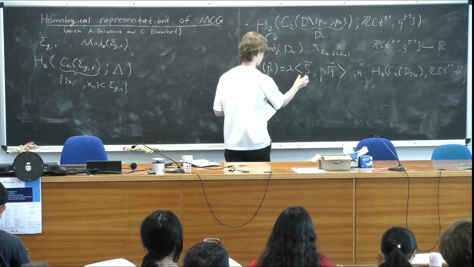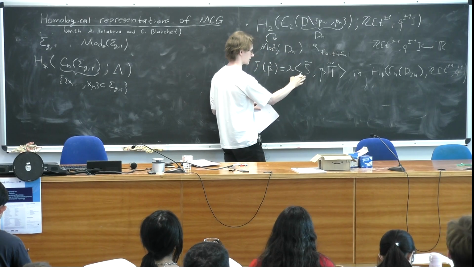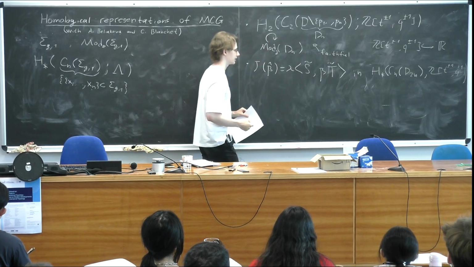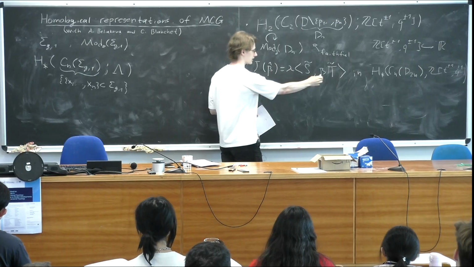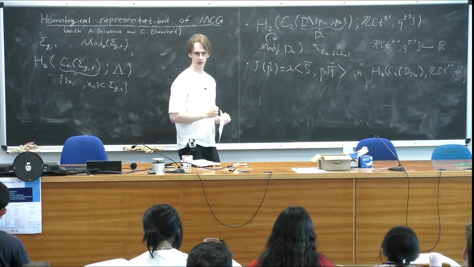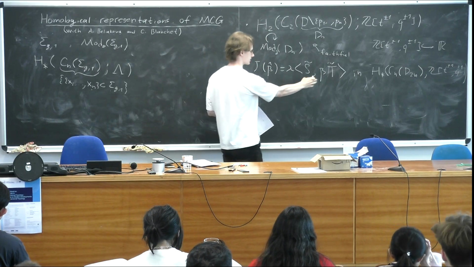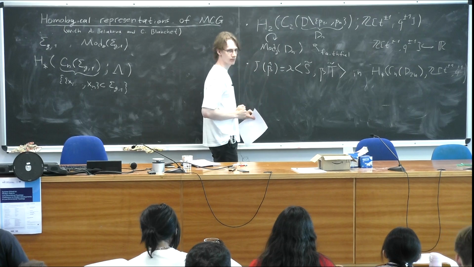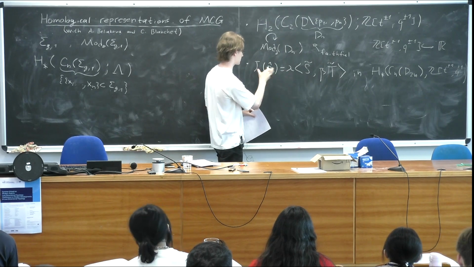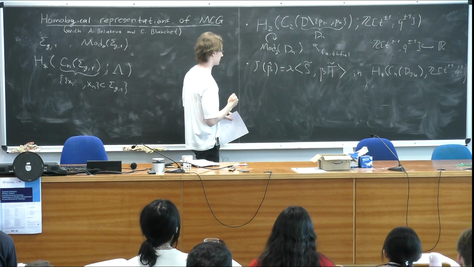So there is some way to embed a sphere and a torus into the configuration space. Then you act on the torus by this braid element or mapping class group element, and the intersection is the Jones polynomial.